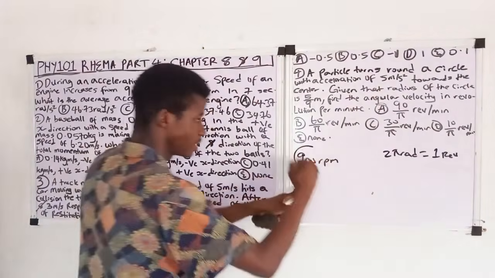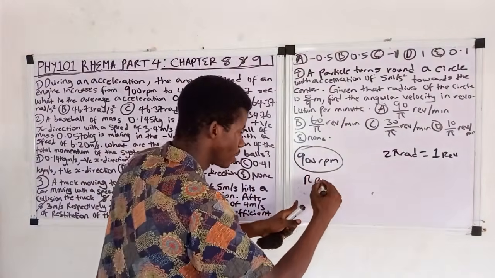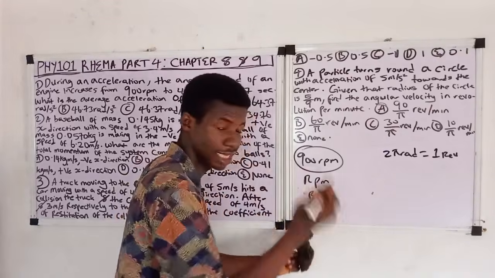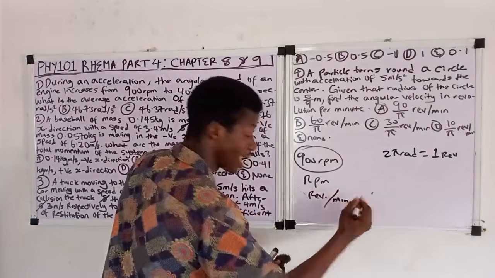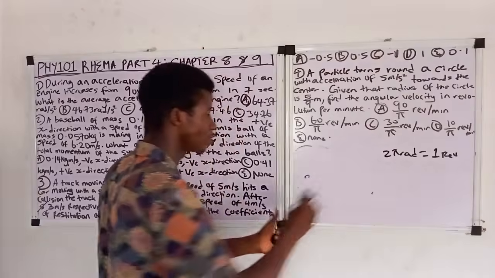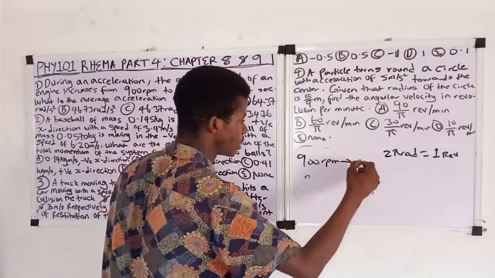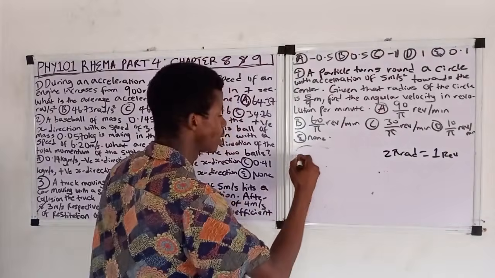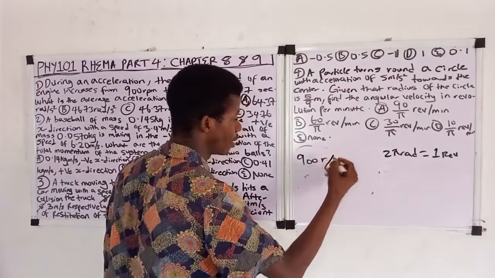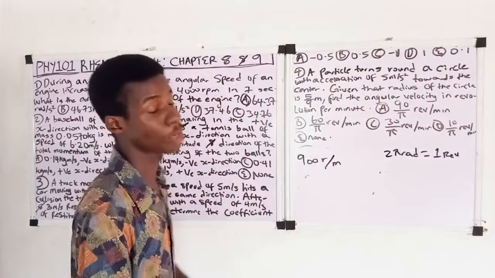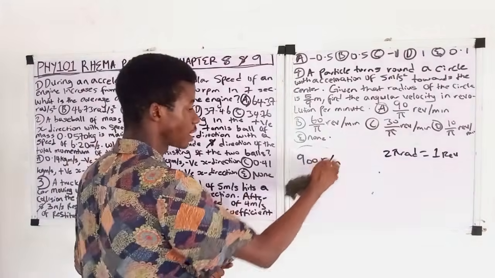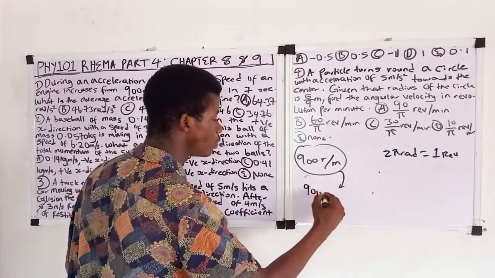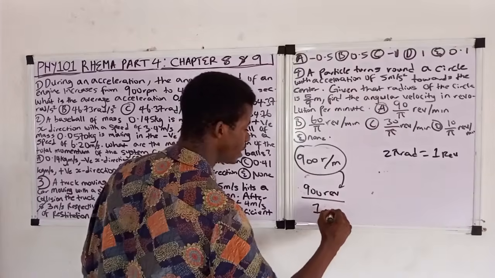Remember, RPM means revolution per minute, where this per is something like a division, then minute. So 900 RPM is the same as 900 revolution divided by 1 minute.